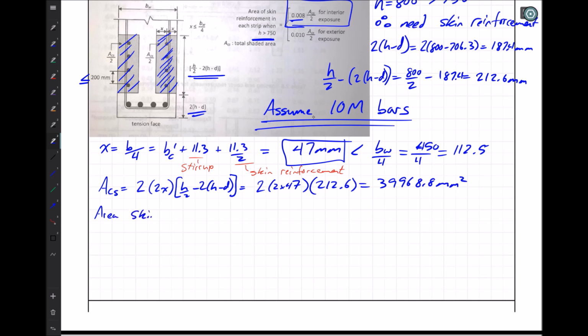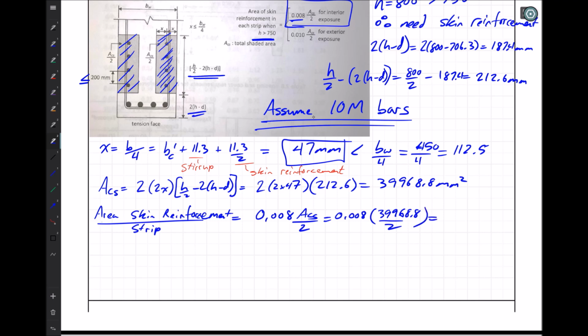So this means the area of our skin reinforcement per strip simply becomes 0.008 times ACS divided by 2, or 0.008 times 39968.8 divided by 2, which is 159.9 millimeters squared per strip.